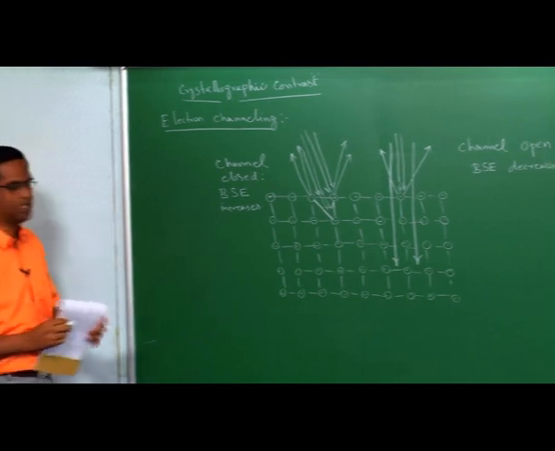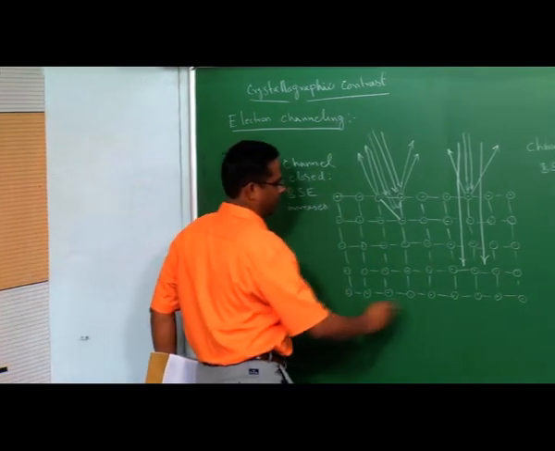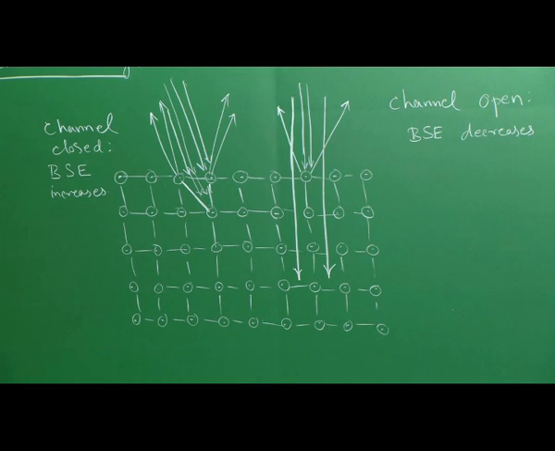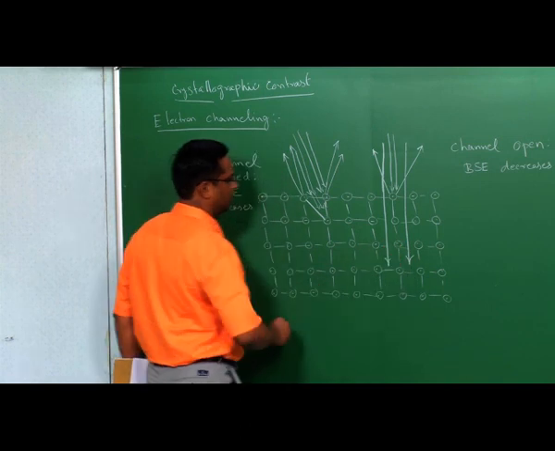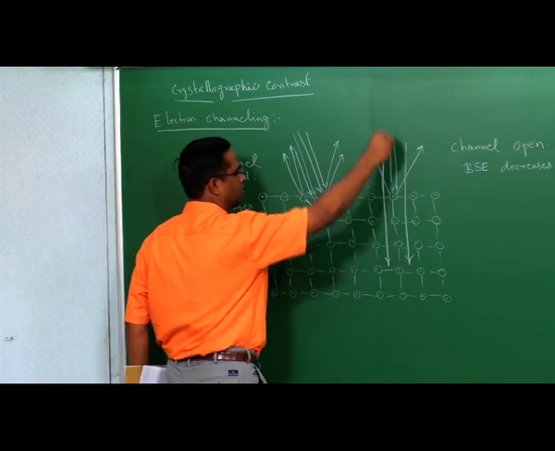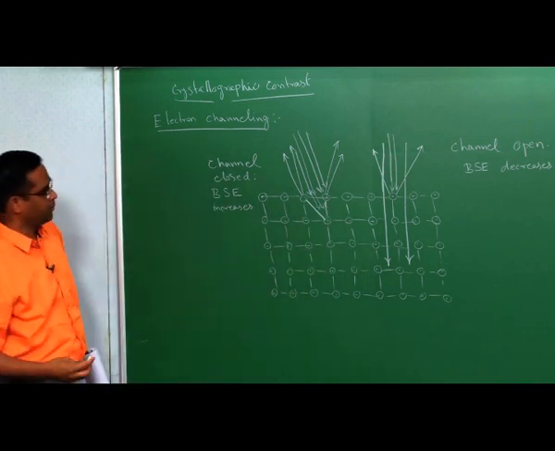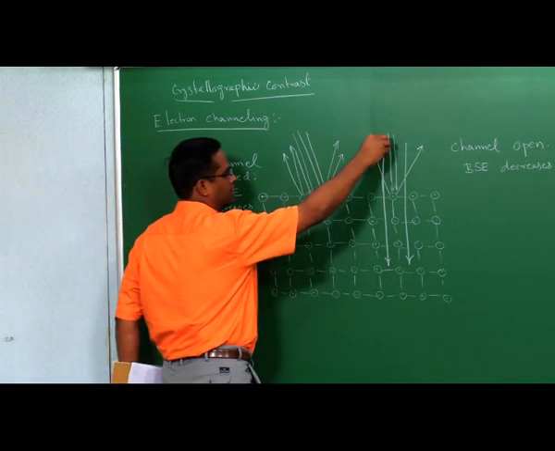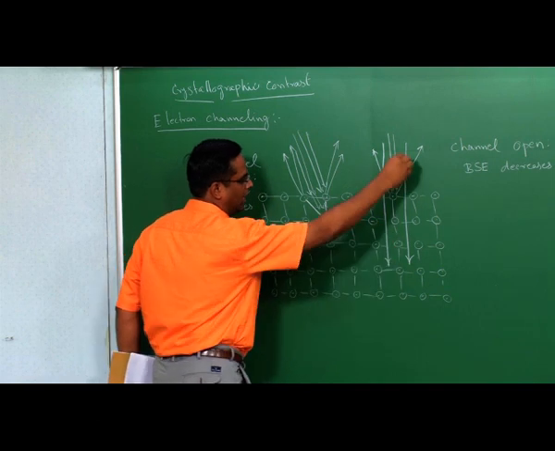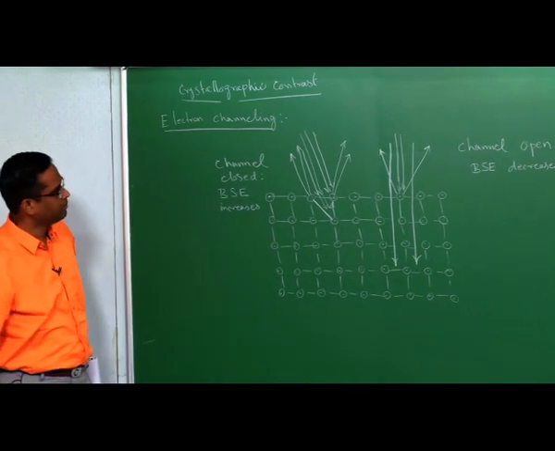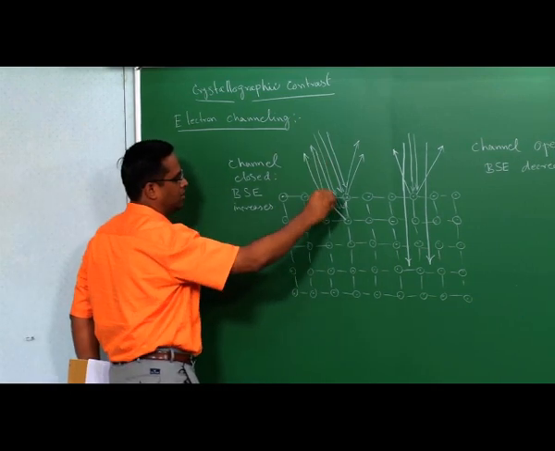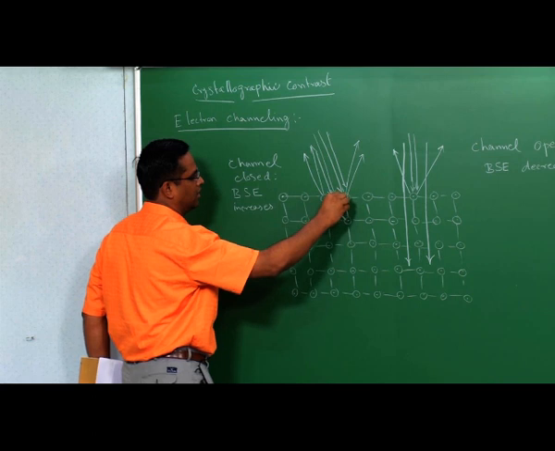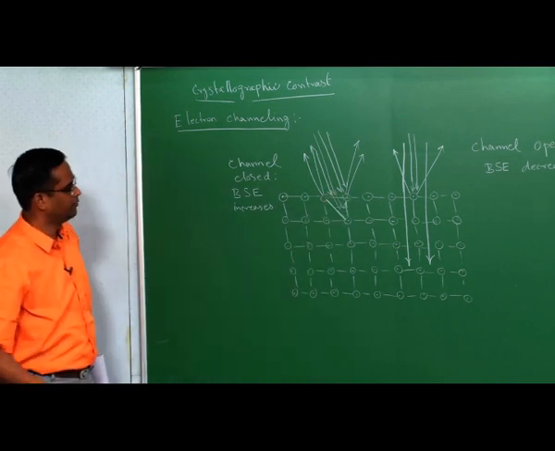So, what I have drawn here is a representation of a 3D lattice in 2D, and suppose you have this electron beam which is coming and falling on this, where the electron beam travels all the way deeper inside the crystal, and here the electron beam is being stopped by this kind of randomness.